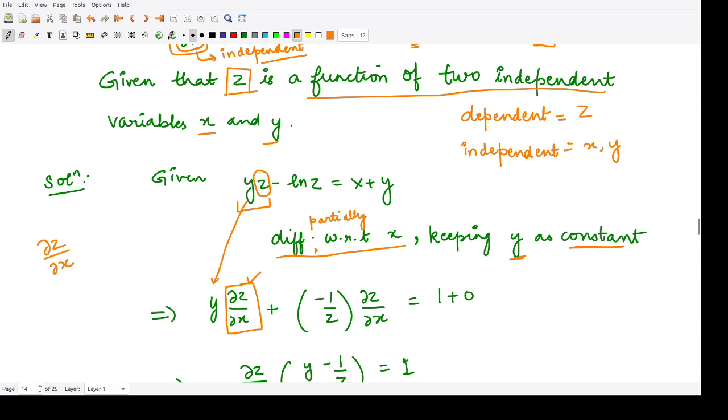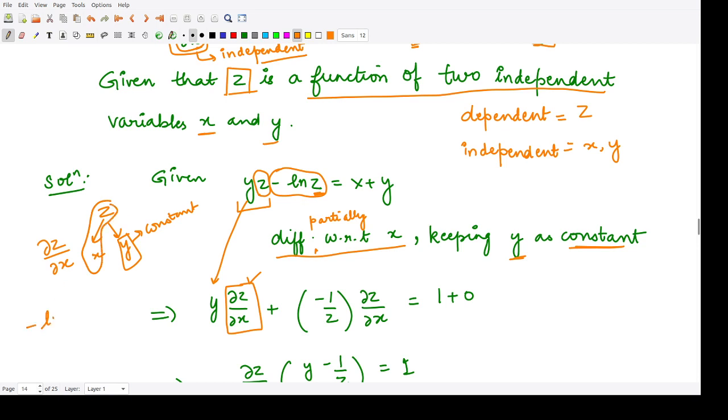Because we do not know what this is, we will keep this as such, and then we will perform plus the derivative of this quantity. Now what is the derivative of z? Z is a function of both x and y, and we are keeping this y as constant. So that means we will compute the derivative of z with respect to x. How will we do that?